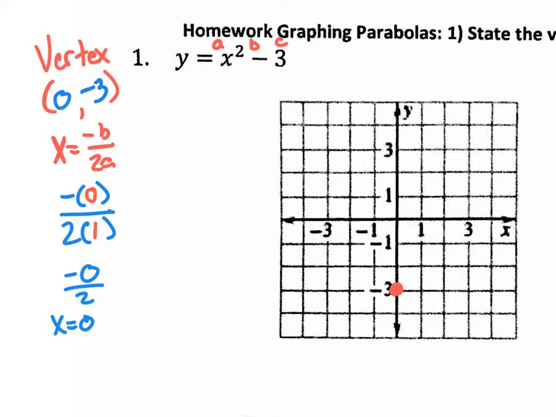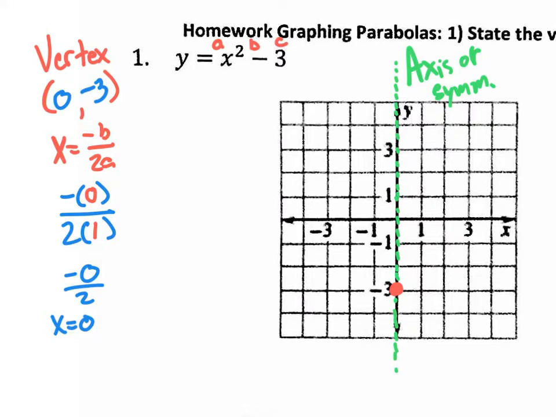And what's the very next step once you graph the vertex, even before the xy table? To draw your axis of symmetry. Now, I've been saying that you just draw the vertical line going right through the vertex. And that's true. That's how you draw it on the graph.